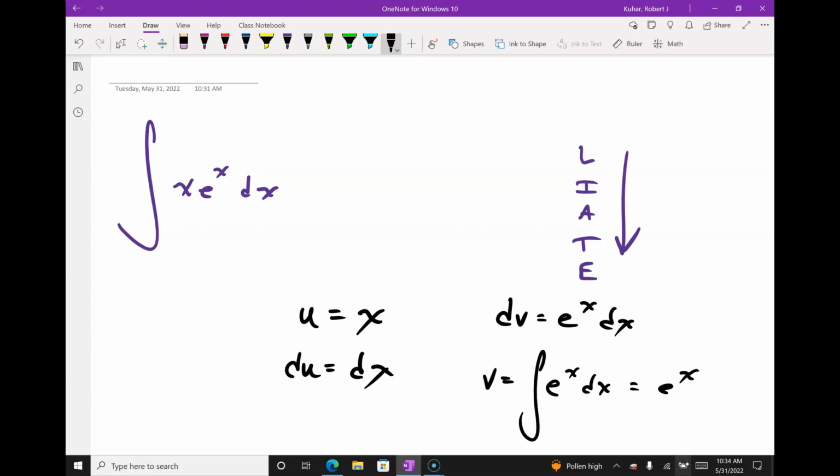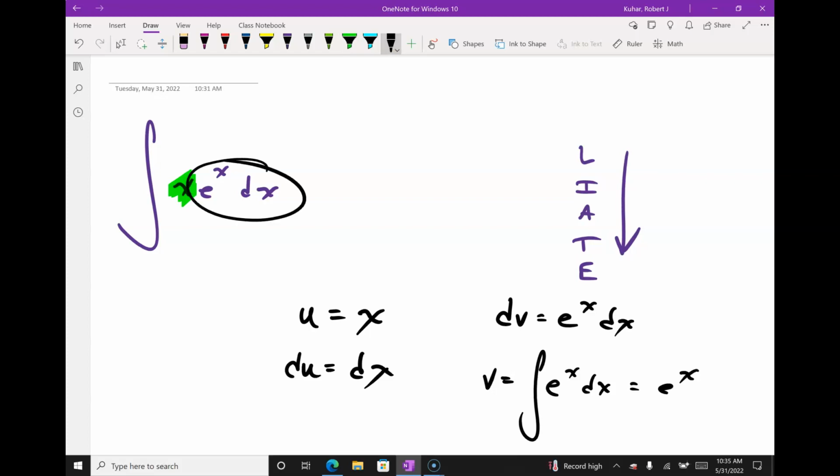Everybody okay here? It's a pretty easy list. That's something I'd have on my formula sheet in case I forgot. LIATE. So I decided that x was my u.